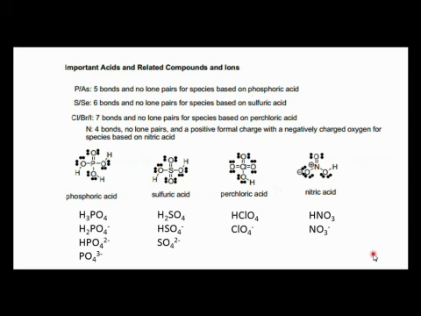Nitrogen hasn't been discussed yet. Nitric acid is a very common oxo acid. It has an unusual Lewis structure where you have to have formal charges to avoid violating the octet on nitrogen. Nitrogen's in the second row, so it cannot violate its octet the way phosphorus, sulfur, and chlorine can. And the consequence is we have 4 bonds to the nitrogen with a plus formal charge, and 1 bond and 3 lone pairs to the oxygen with a minus formal charge.